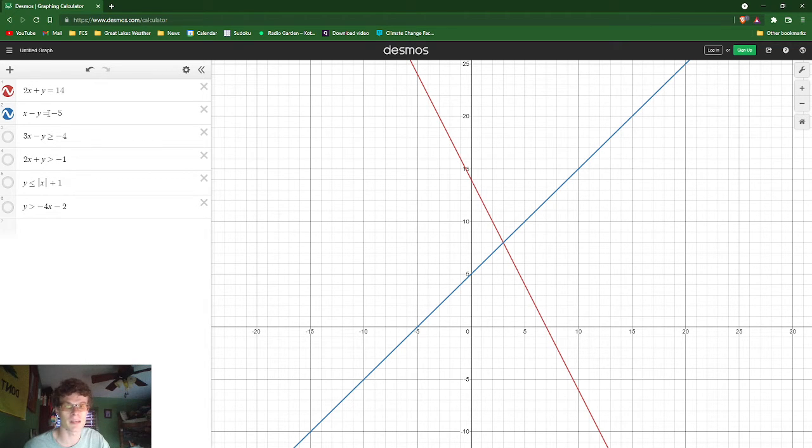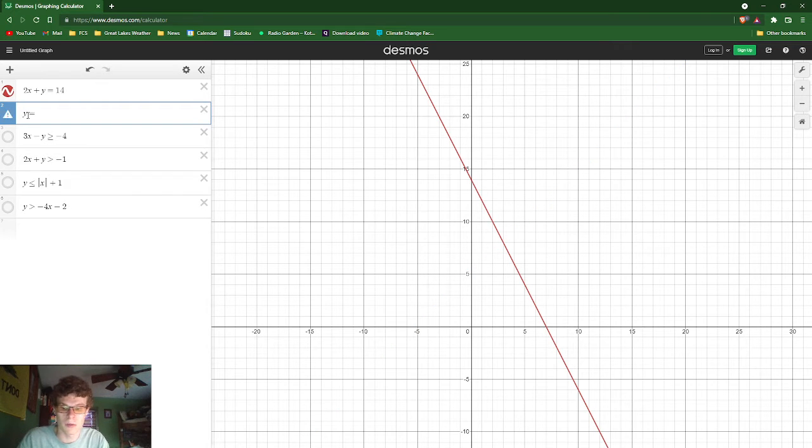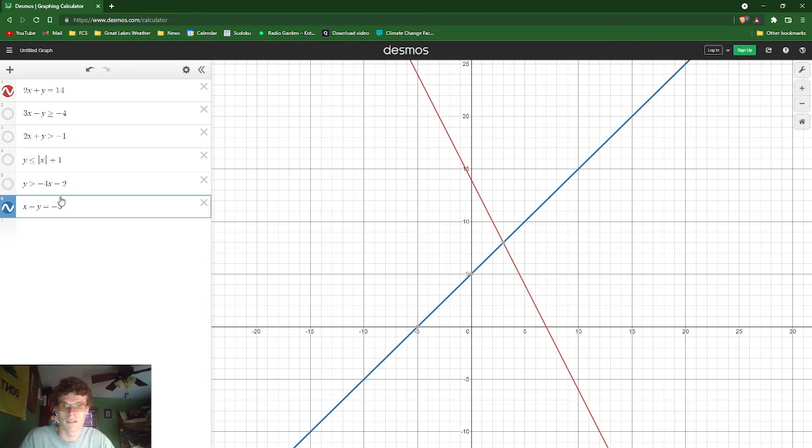It is not in slope-intercept form, but if you did graph it correctly in slope-intercept form, let me change this one, for example, over. Y equals x plus 5. Same graph, right? Same graph. X minus y equals -5. It's the exact same thing, all right? So you still have your two lines.